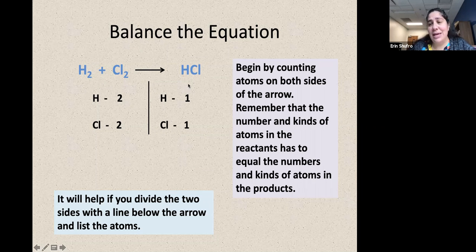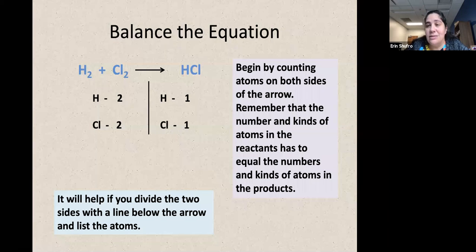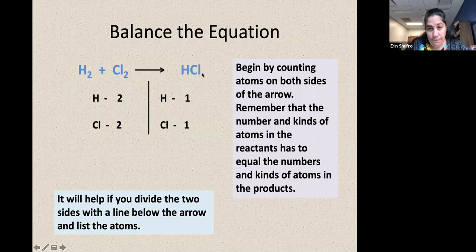That is not the same, so we're not balanced. On the left, we have two chlorines. On the right, we have one. Again, we're not balanced. We don't even have the same number of atoms on both sides. We have 2 plus 2 is 4 atoms on the left, and 1 plus 1 is 2 atoms on the right.